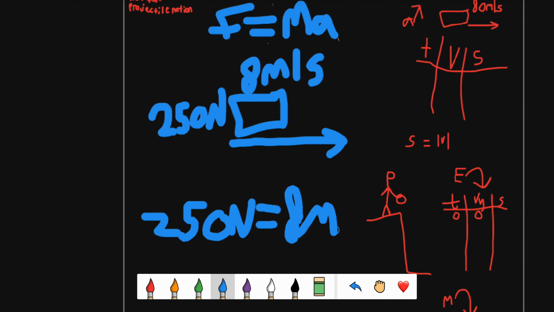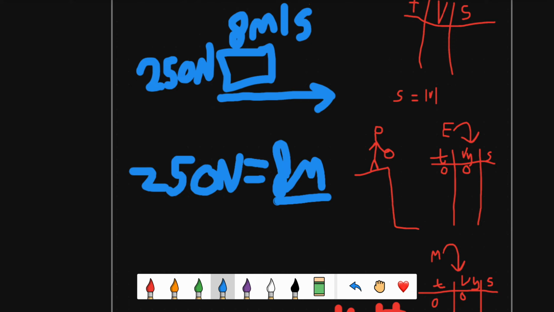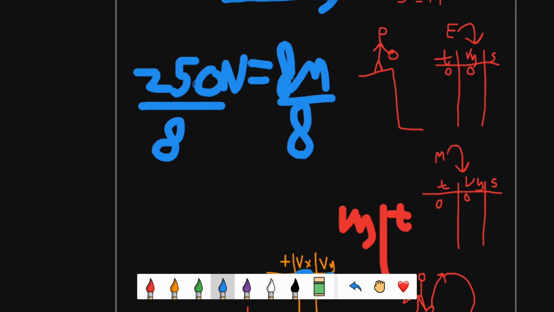So this is simple. Whether it's for acceleration or mass or whatever, you divide it by 8, and we get 3.125.